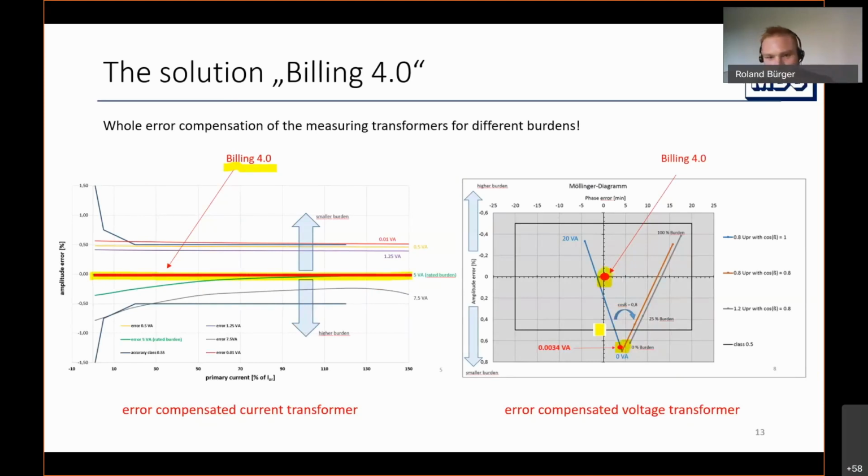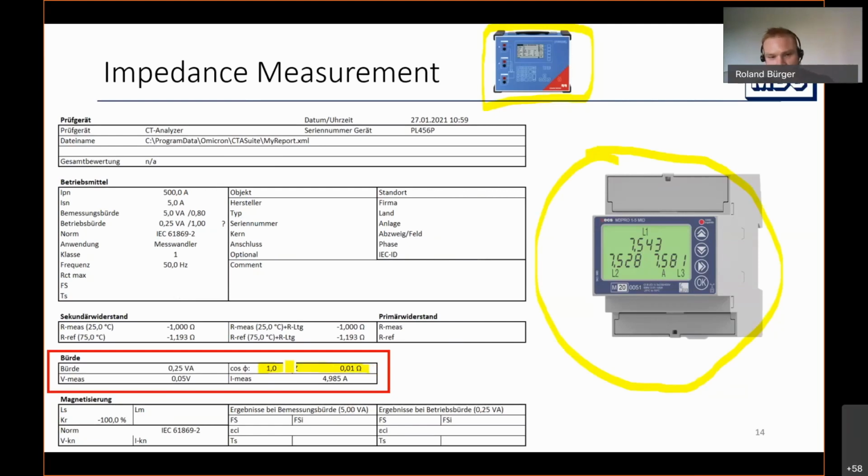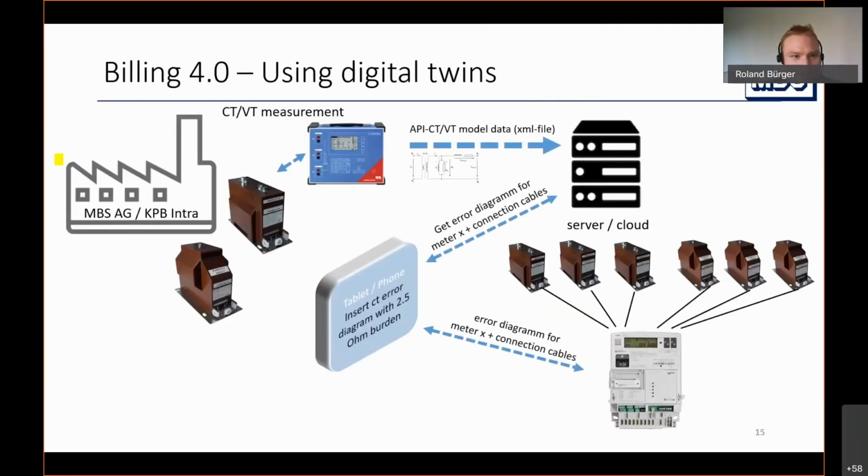And how can we do it? We can take these intelligent devices like CT Analyzer or Votano 100, and we can now measure our input impedance for the current transformer. For example, you get here the impedance 0.01 ohm with power factor 1. We got it. And now we can do billing 4.0.